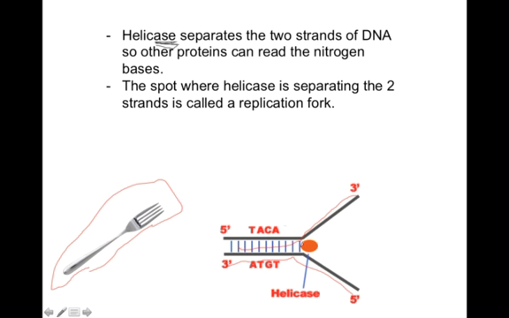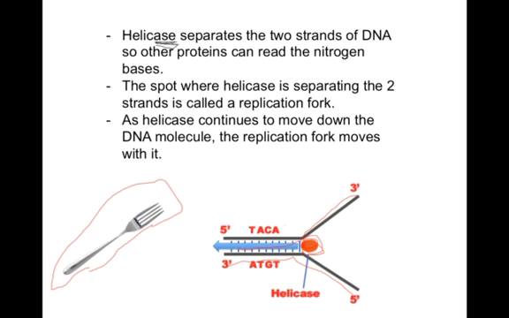And so here's our helicase, and it's separating the two strands, creating this replication fork. And the helicase is moving, right? So it's unzipping the DNA. We can think about it that way. As the helicase continues to move down the DNA molecule, the replication fork, of course, moves with it.